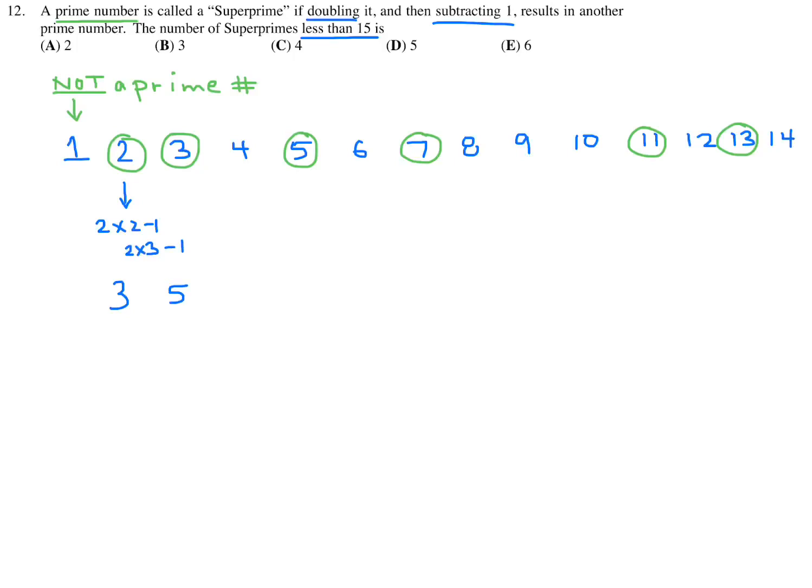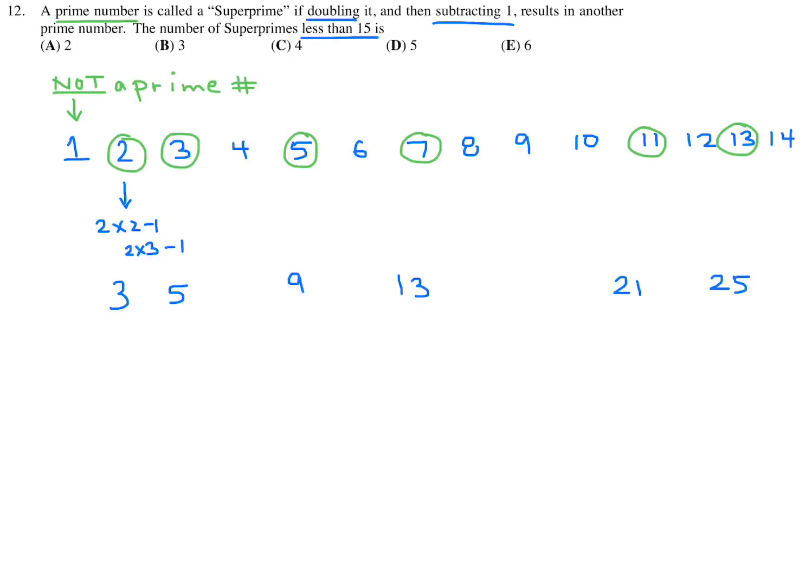And similarly, you do that for all the other ones. So this becomes 9, this becomes 14 minus 1, which is 13. 11 would become 22 minus 1, which is 21. And this would become 25. All right? So I just doubled them and subtracted 1.